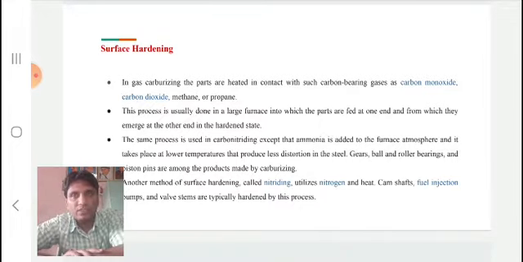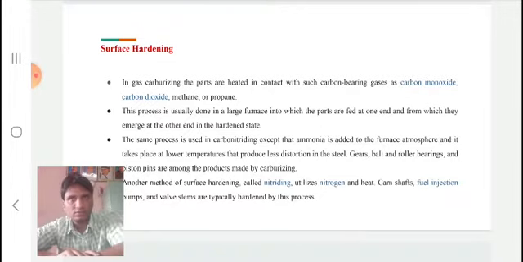The main advantage in gas carburizing is that even diffusion of carbon takes place onto the surface of the steel component on which surface hardening is required. So all the intricacies and the surface areas will get hardened because of even carbon diffusion.